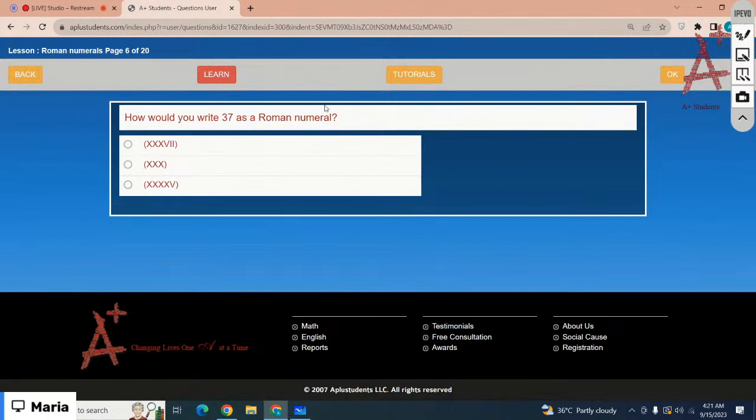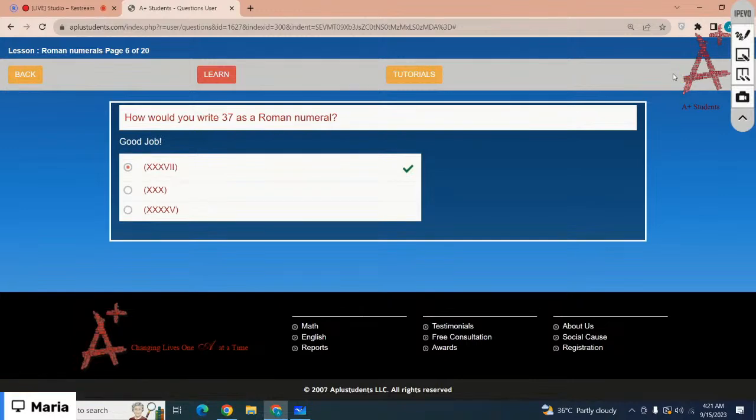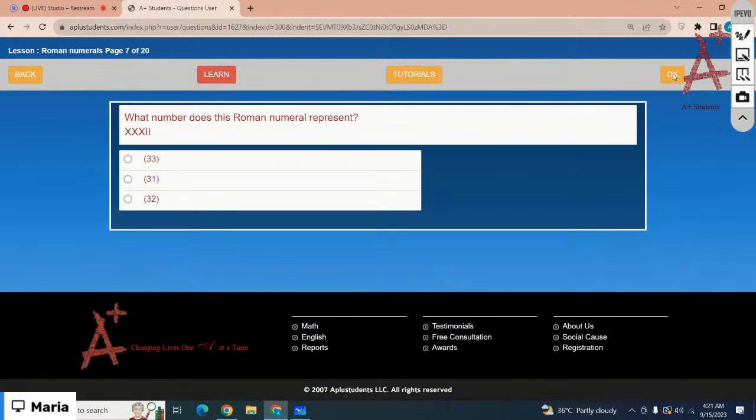So, option number 1 is the correct option, right? Okay, what number does the Roman numeral represent? Which is the correct option? 10, 10, 10 is 30, and 2 is 32. The option is 32.